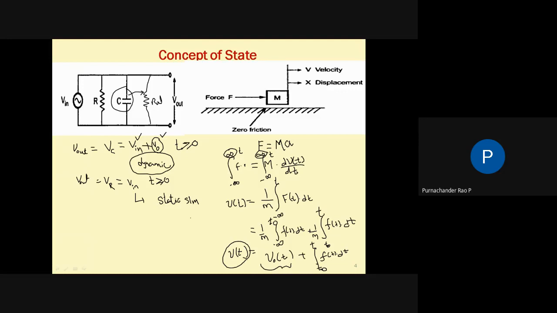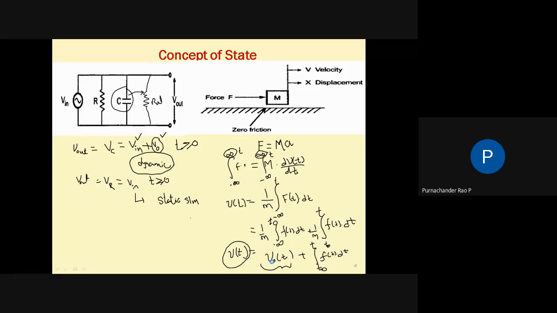The state of a system, for t less than 0 and t greater than 0, can be considered a compact and concise representation of the past history of the system.